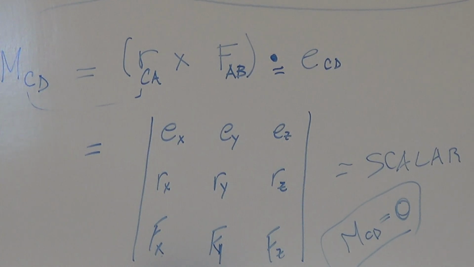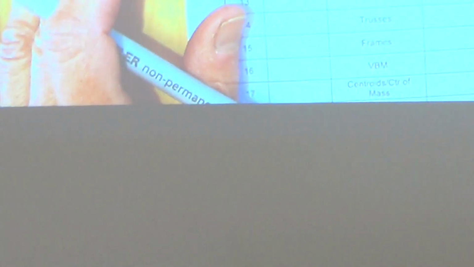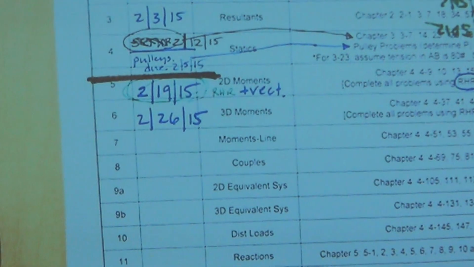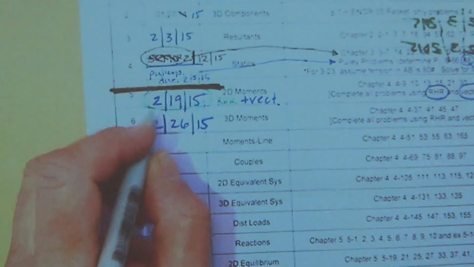All right, everybody good? Okay, so let's look at the syllabus for the homework. So today is what? 26, plus 7?